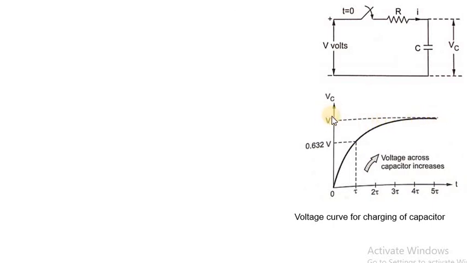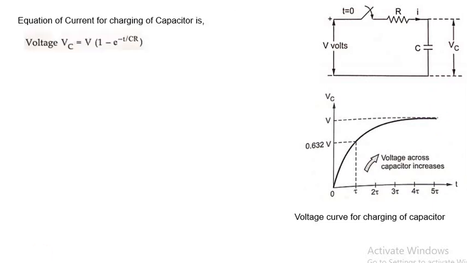It reaches the supply voltage V level. So when the capacitor voltage reaches the supply voltage V level, we say that the capacitor is now fully charged. Okay. So this is the end phenomenon of the circuit, at which the capacitor is fully charged up to the supply voltage V.